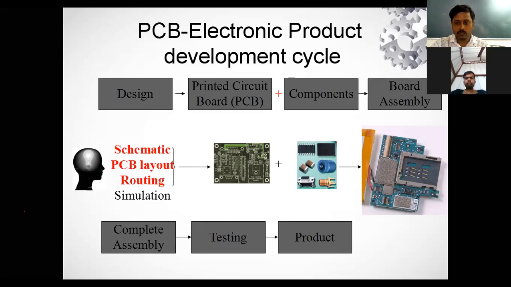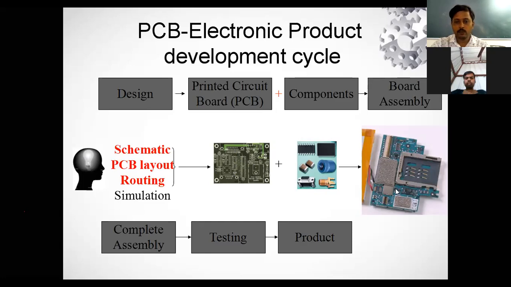Because the procedure is like printing it on the board of copper, or sometimes different materials are used, right? Then there are different other components which have to be installed on this printed circuit board, and finally we get this final board assembly.